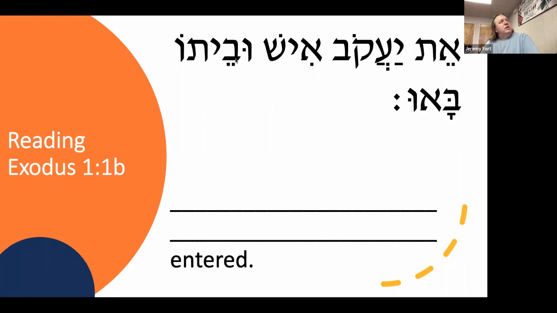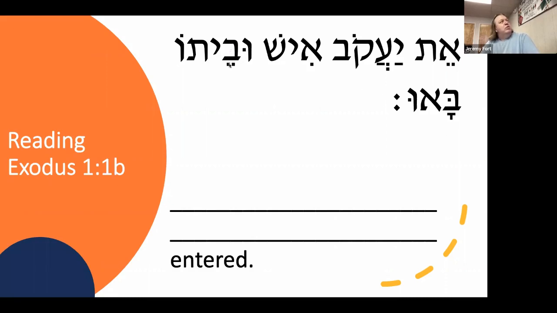So this is a little tricky. You're used to seeing this word with a dagesh in it. If you just did this word, bait, think beit lechem, house. But because it's preceded by a vowel, and this is a begadkefat letter, the dagesh drops out.